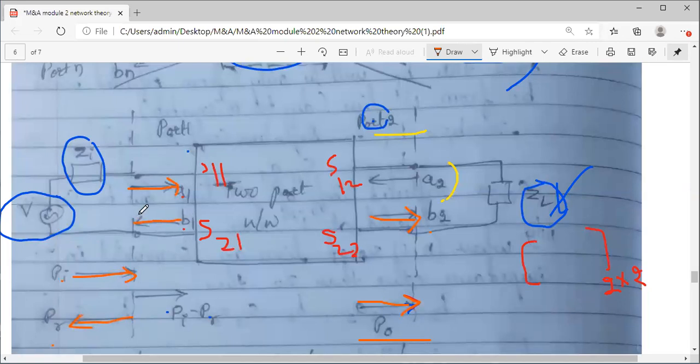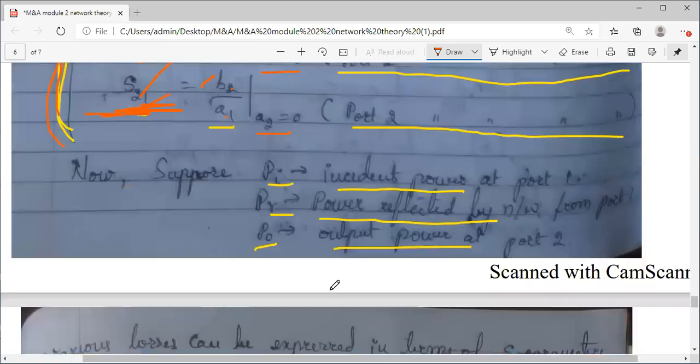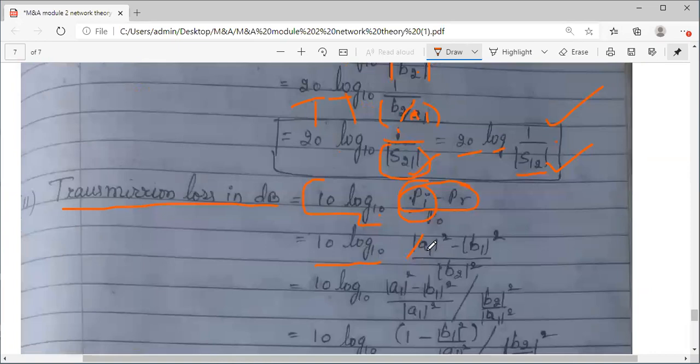Pr is proportional to B1 and you have Po. Po is proportional to B2. Don't directly take this. Let us just take individually. Don't consider this directly. So A1 minus B1 divided by B2, and all are squares because of voltage magnitude squared.